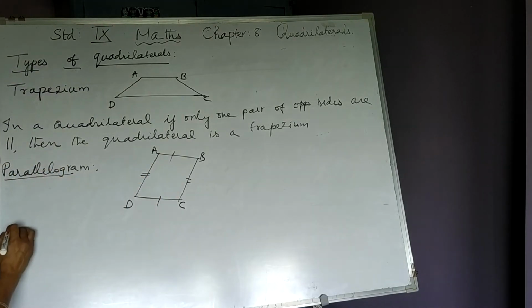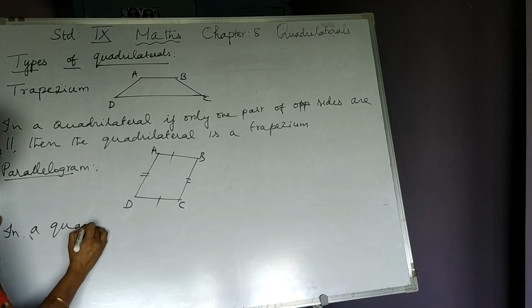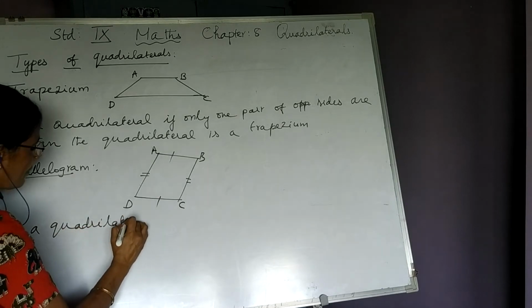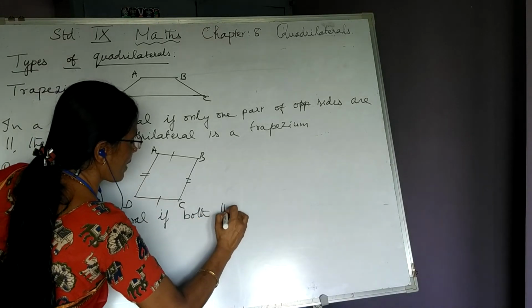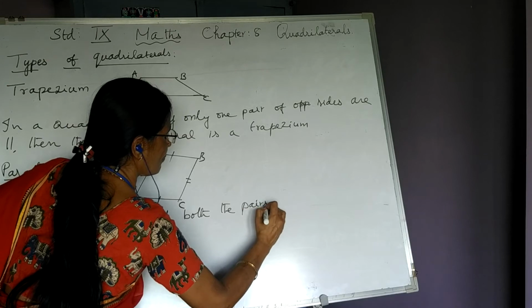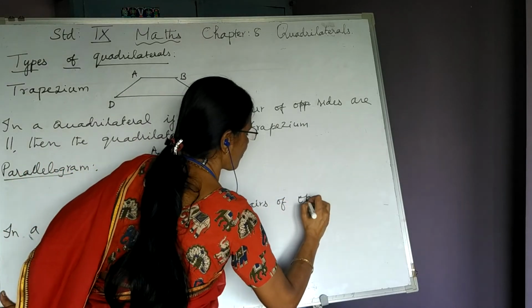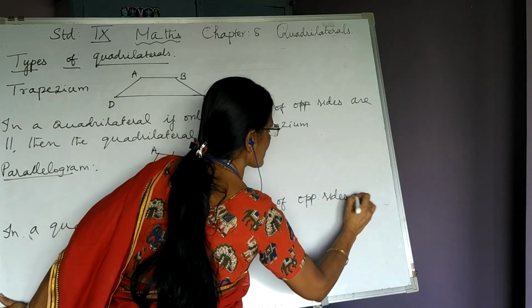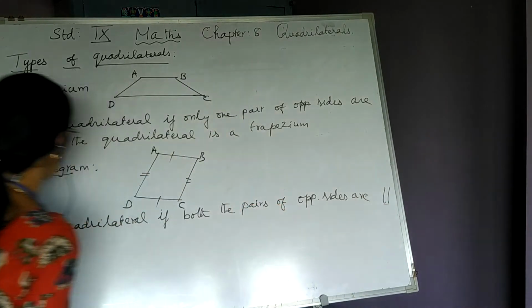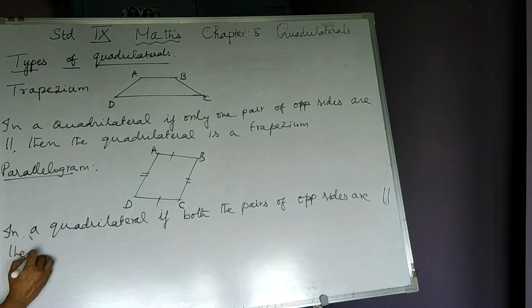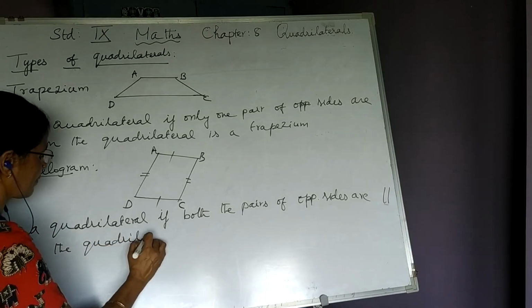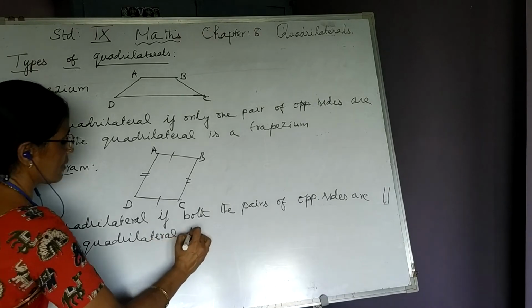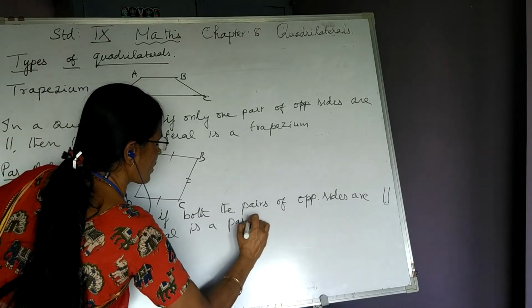So, in a quadrilateral, if both the pairs of opposite sides are parallel, then the quadrilateral is a parallelogram.